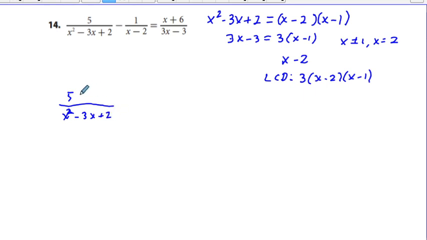And then up here in the top, we're going to put times 3 times x minus 2, x minus 1. And then we have minus 1 over x minus 2. And then on the top here, we have 3 times x minus 2, x minus 1.